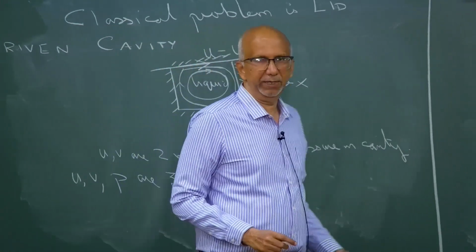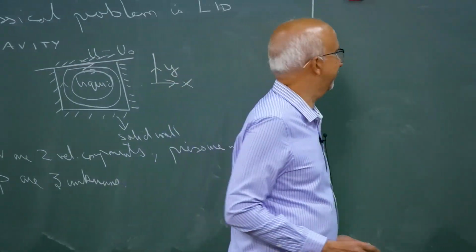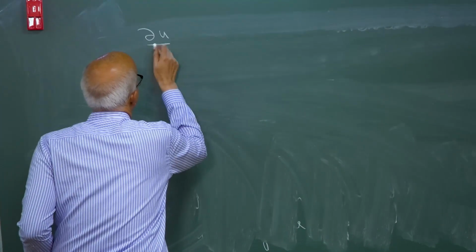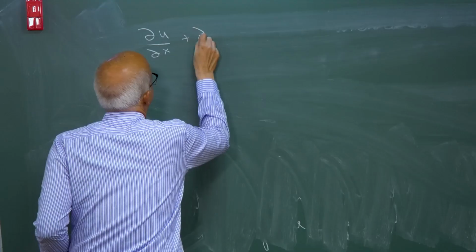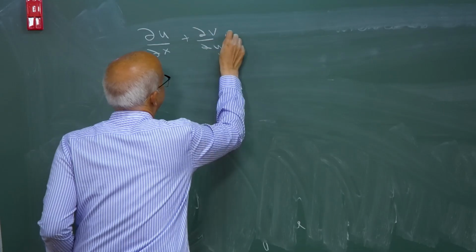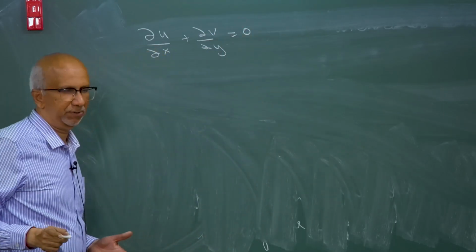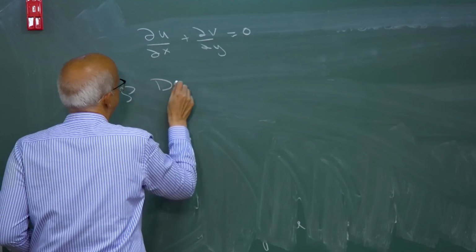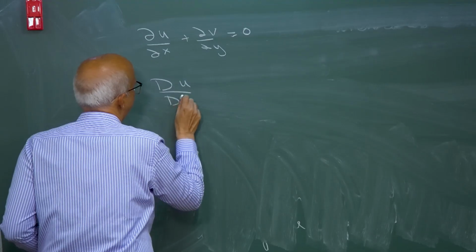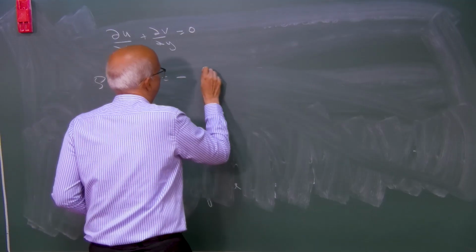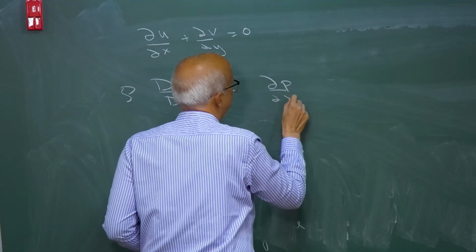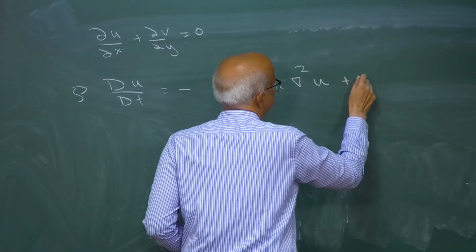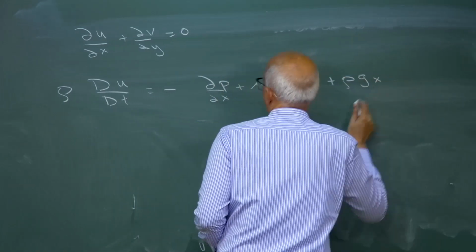and so I need three equations. The three equations are going to be your equation of continuity, which is du by dx plus dv by dy equals 0, assuming the liquid is incompressible, and then we have rho du by dt equals minus dp by dx plus mu del square u plus rho gx, okay.